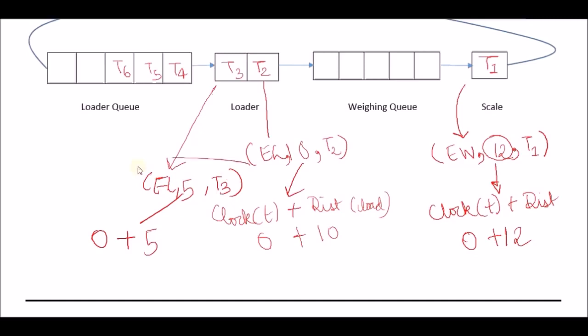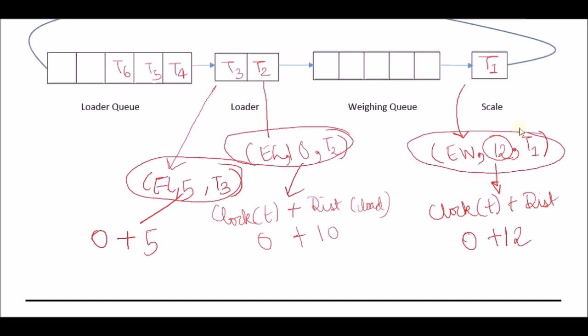So these 3 events that you see, these are my future events list. So now out of these 3 events, we're going to choose the eminent event. And how do we choose the eminent event? Eminent event is the event which has the least time, right? So among 5, 10 and 12, which is the event that you're going to choose?